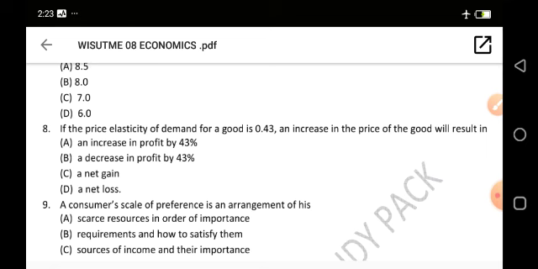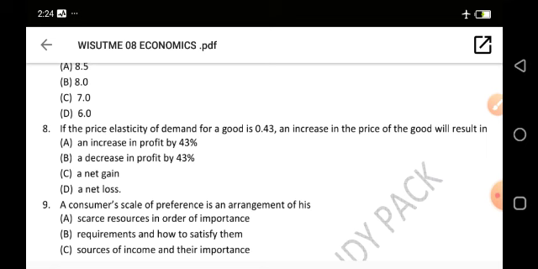what? Remember, price elasticity of demand shows the responsiveness of demand to changes in price, and we have about 5 types. We have elastic, inelastic, perfectly elastic, perfectly inelastic, and unitary.